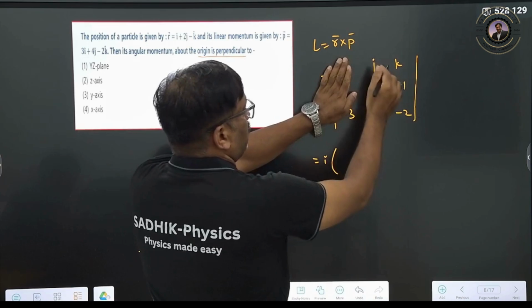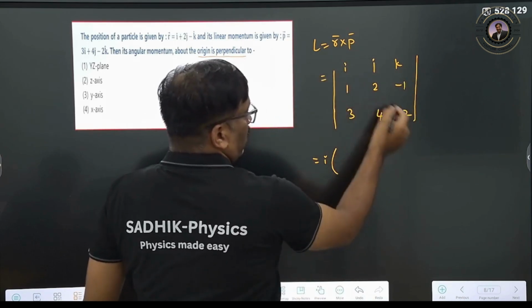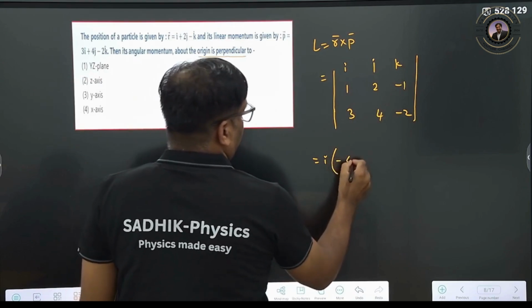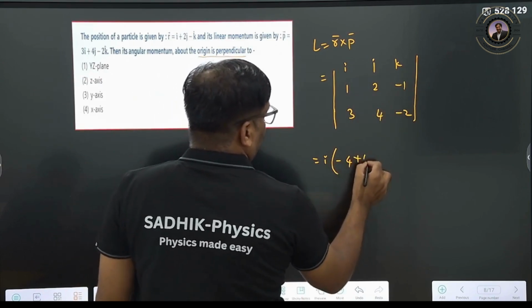Therefore for i you need to close it: AD minus BC, 2 into minus 2 is minus 4, and 4 into minus 1 gives plus 4, so that is 0.